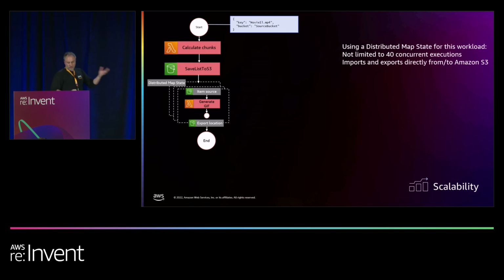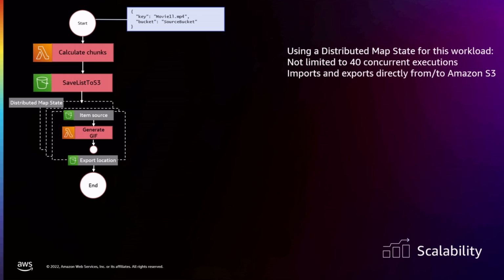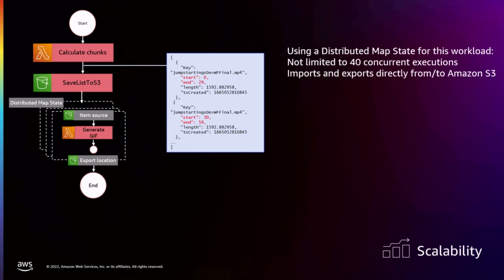So I drop my video file into S3, which triggers my workflow. I have here the key, which is the movie file name, and the bucket, which is the location of the S3 bucket. Then I use ffmpeg in a Lambda function to figure out, okay, if each GIF animation is 30 seconds, how many GIF animations will I need for this particular file, and where should each animation start and end?